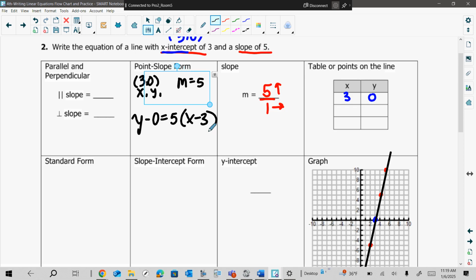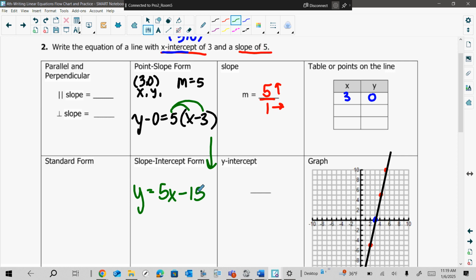To get it to slope-intercept form, guys, you need to distribute and solve for y. If I distribute, y minus 0 is just y equals 5x minus 15.